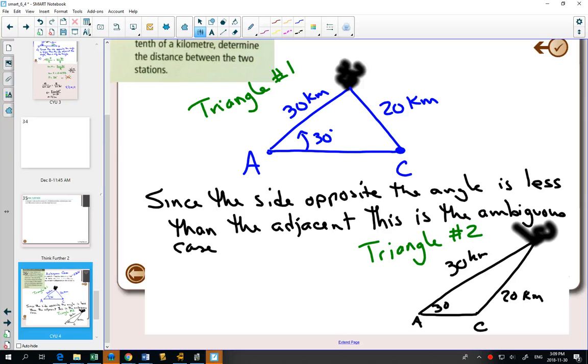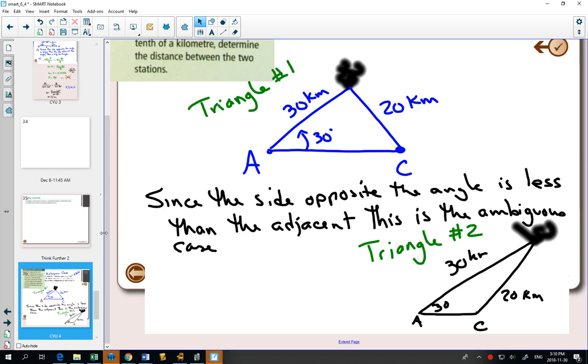So we want to figure out how far it is between A and C. Can you see that we could use the sine law? The sine law says you need to know an angle and its opposite side, and what we could do is we could find angle C. So we'll do that first.